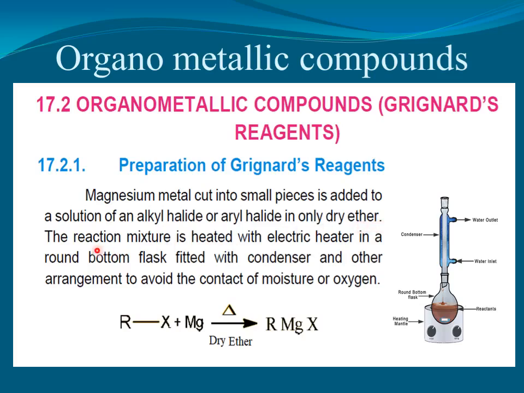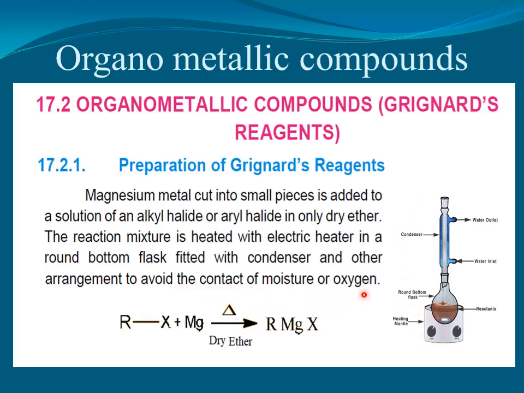The reaction mixture is heated with an electric heater in a round bottom flask, and you can see that a condenser is attached to it so that the vapors that are produced will be cooled down and fall back into the solution.